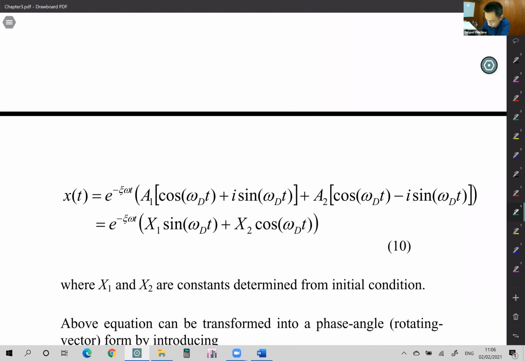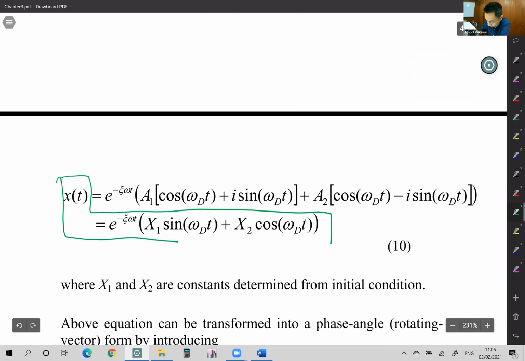See, in equation number 10 now, your solution x of time t becomes an exponential of e to the power minus zeta omega t multiplied with X1 sine omega d t plus X2 cosine omega d t, where X1 and X2 are constants determined from the initial conditions.